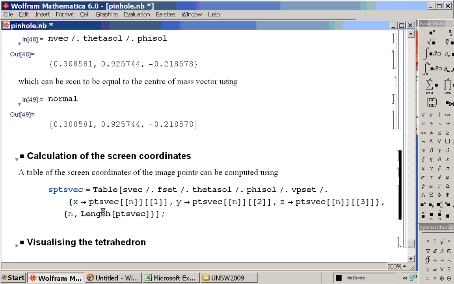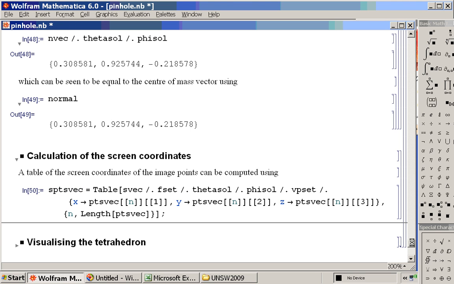So I make a table here over an index n, which runs from 1 to the number of points, which is 606, and I take out my expression for the screen coordinate vector, and then I replace x, y, and z by the values contained in the table of points on the object. Again, that's a very long table, so we don't want to see it.